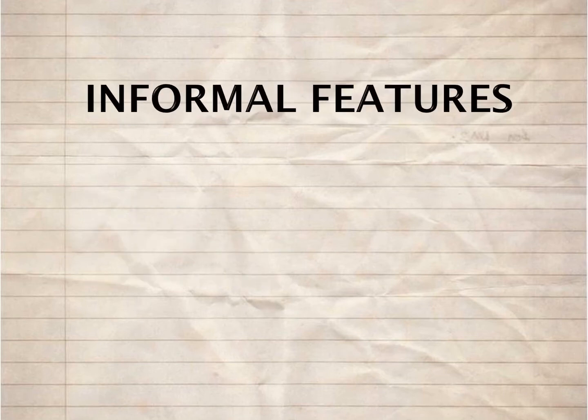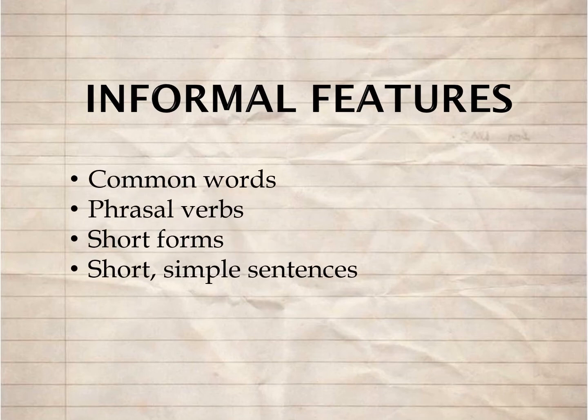But if you want to write informal, these are the features for informal. You can use common words, you know, common words that you use with your friends. You can say, hi man, how are you, and so on. We use phrasal verbs. We have spoken about phrasal verbs previously. You can use short forms. What do we mean by short forms?